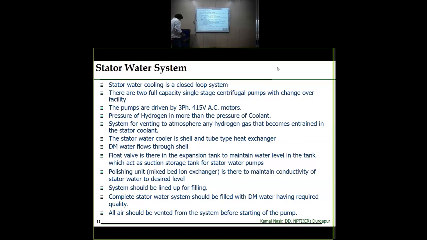In case of hydrogen cooling, we cool the rotor, and the stator part is cooled by water. Demineralized water flows into the tube, and there is no direct contact between the water and the winding, because this would short circuit the winding itself.